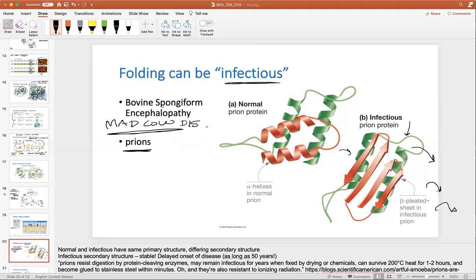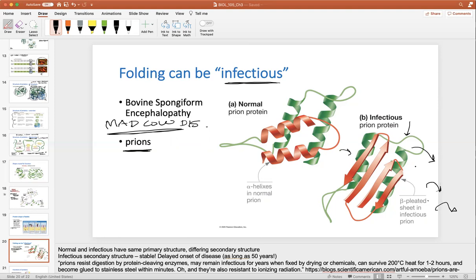It creates a situation where the brain tissue of these cows looks like a sponge. Encephalo means brain or head, okay? Pathy means disease. So it is a sponge-like head disease. So the proteins in the brain of these cows were contacting each other with these malformed prions, creating holes in the brain tissue.